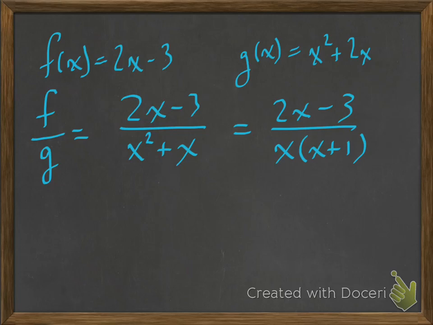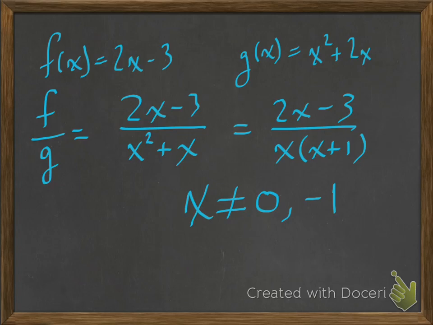So factoring the denominator here did allow me to easily identify the numbers that make the denominator equal 0. So the domain is: x cannot equal 0 or negative 1, because if it did, then we would be dividing by 0. But that's really the only other possible little wrinkle that you may run into in dividing two functions.